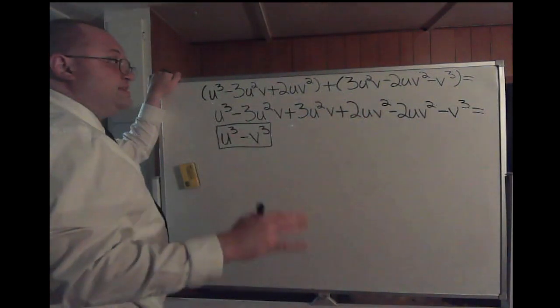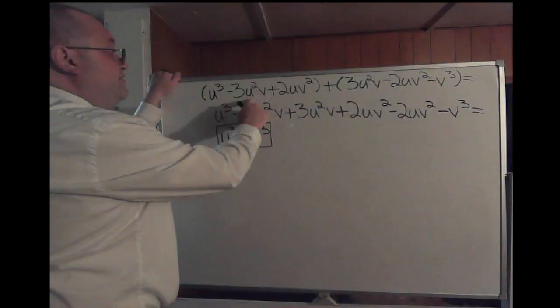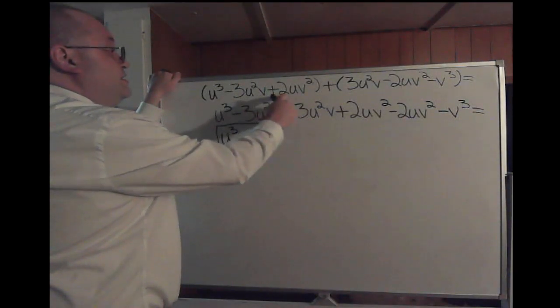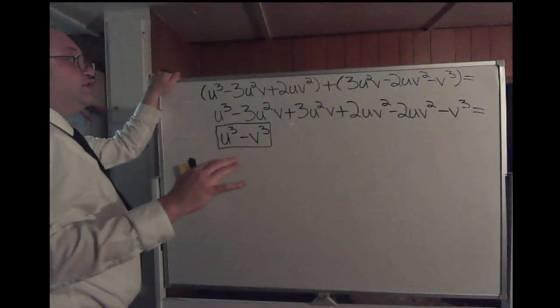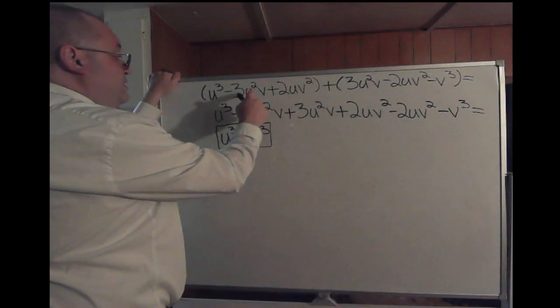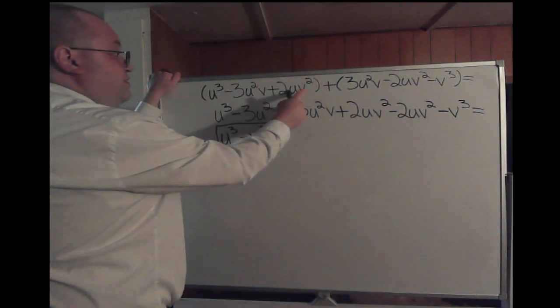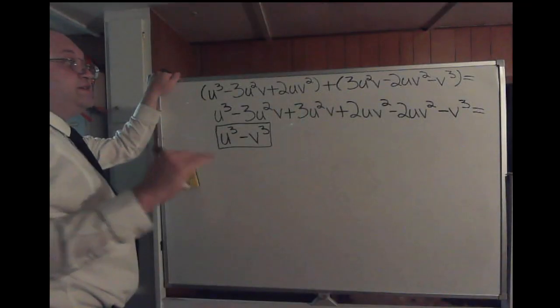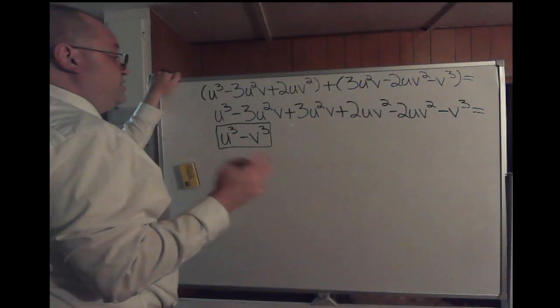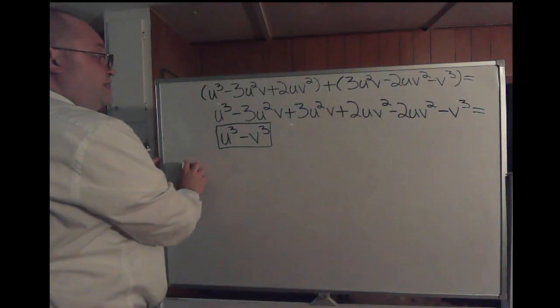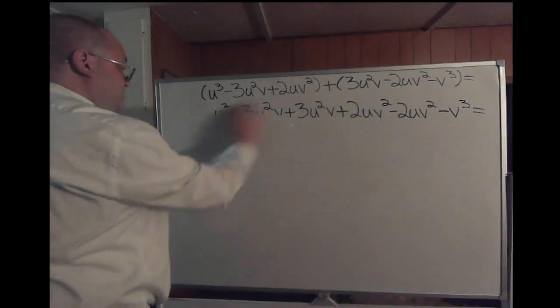If not, it's not a like term. That's why negative 3u squared v and 2uv squared are not like terms, because one has u to the second power and v to the first, the other has u to the first, v to the second. Those are not like terms. So it's important to know that. And I got more examples here.